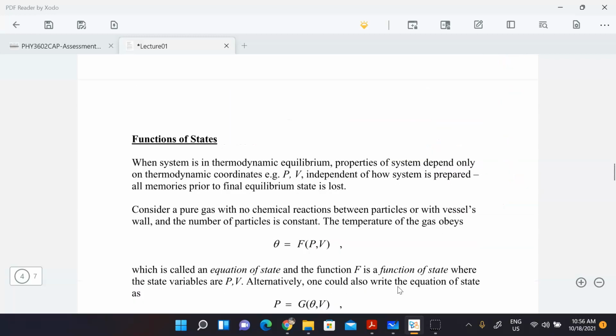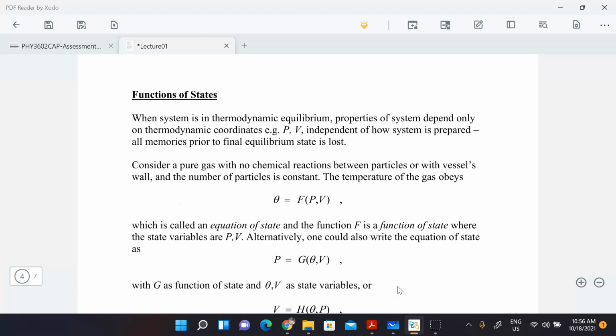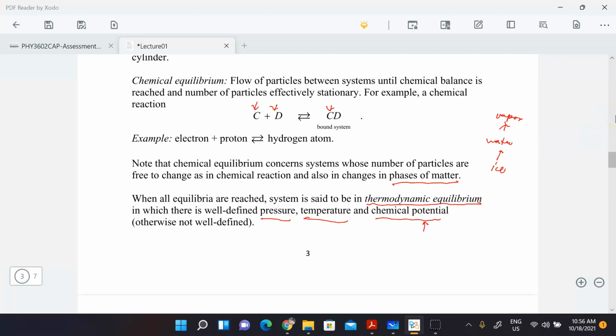So the final thing that I want to say today, if I have time, is to talk about functions of state. We have seen the idea of state coming from variables like pressure and volume before this. Let me go back to that diagram earlier.